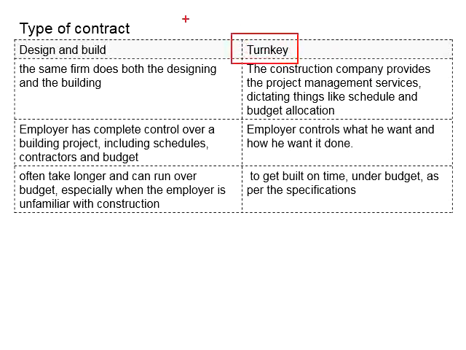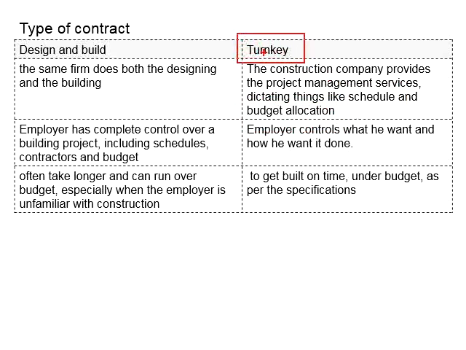Now this turnkey project will be as if taking away some responsibility of the employer from the design and build project. In return, a higher level of certainty is assured, especially in terms of the efficiency of managing a project from the perspective of scheduling as well as budget allocation.